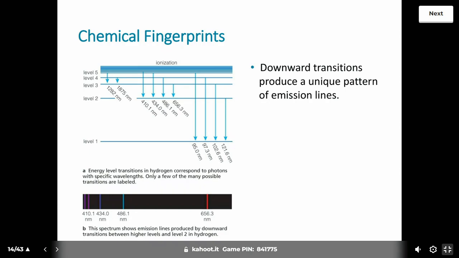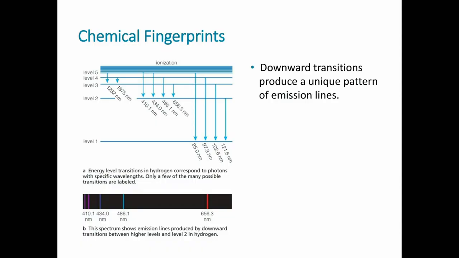And so the downward transitions produce an emission, so that's a photon being emitted, and you can correlate that wavelength of the photon to a color.